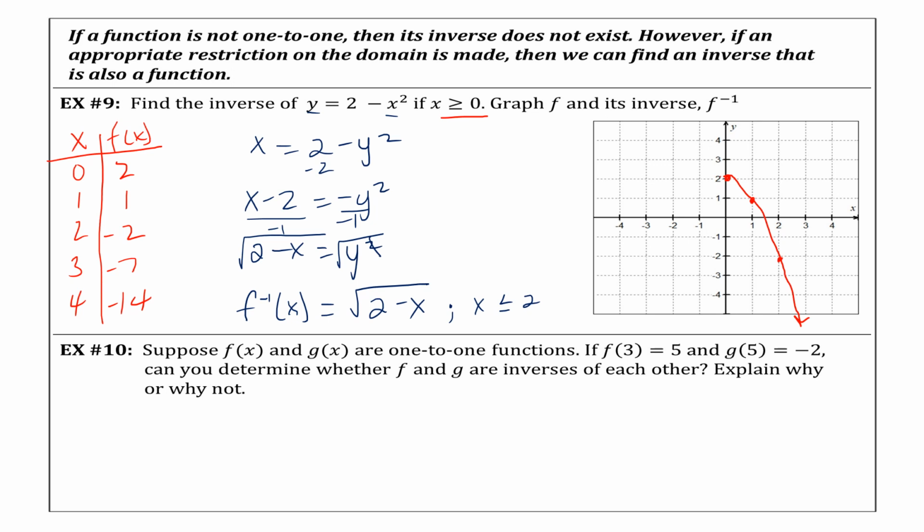Okay? Now, to graph this, all I'm doing is inverting these points, right? So instead of being at 0, 2, I'm now at 2, 0. Instead of being at 1, 1, I'm still at 1, 1. Instead of being at 2, negative 2, I'm now at negative 2, 2.